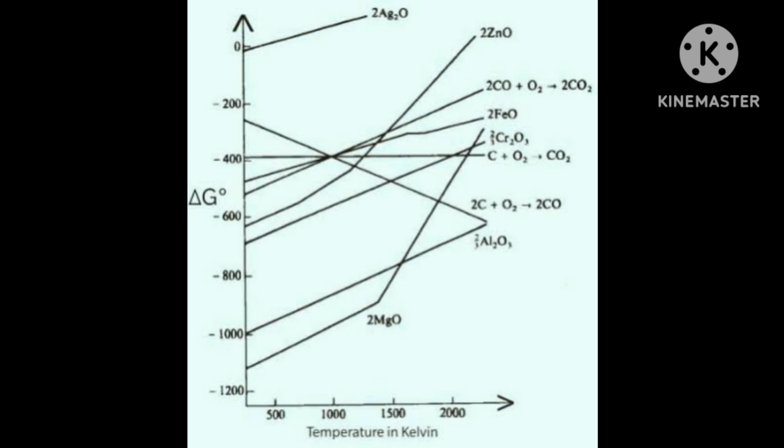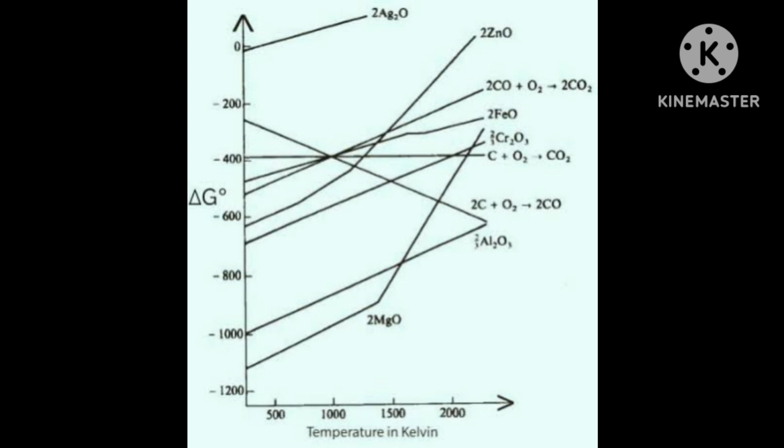In both these reactions there is a delta G value. Suppose C plus half O2 gives CO; this reaction will have some delta G value.